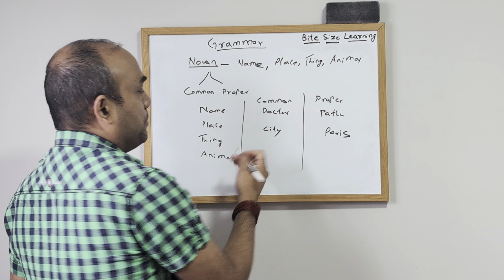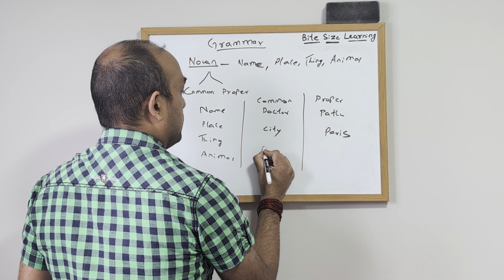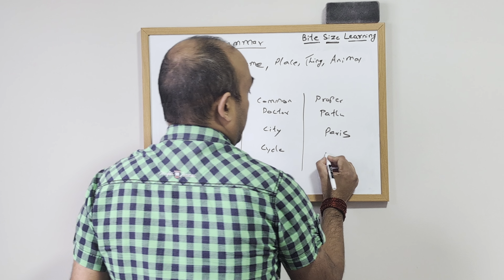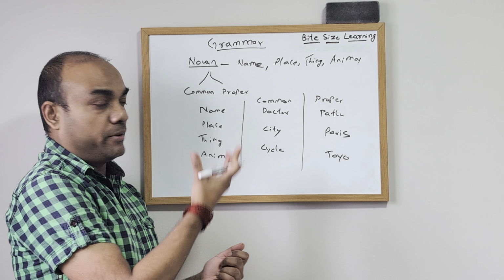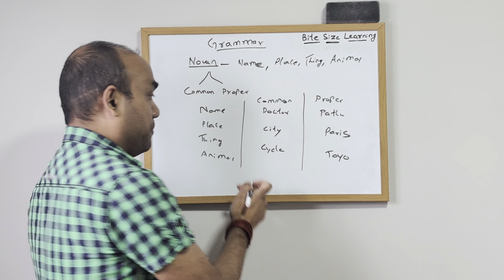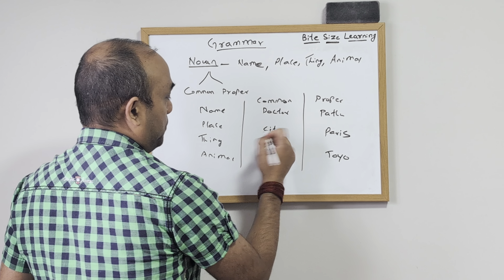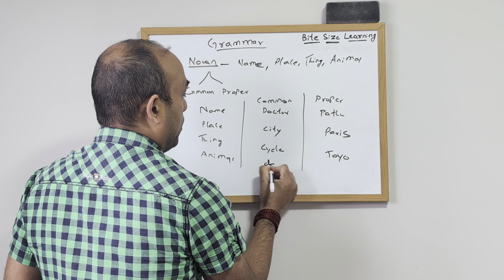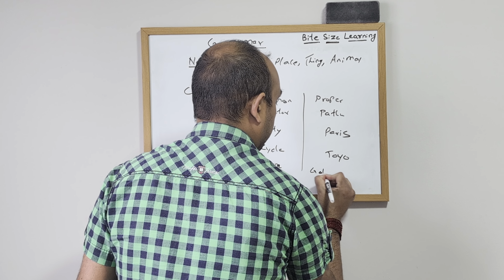Now think the person always has a, let's say, bicycle, and that bicycle brand is Toyo. Okay, Toyo brand. That's a good brand. And now that doctor or any person has an animal, let's say a dog, and the breed of that dog is golden retriever.